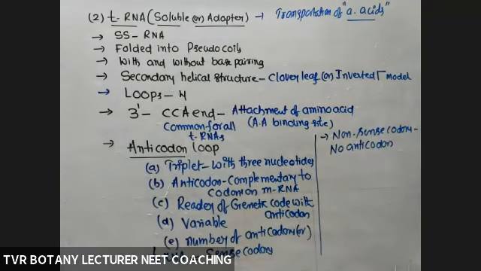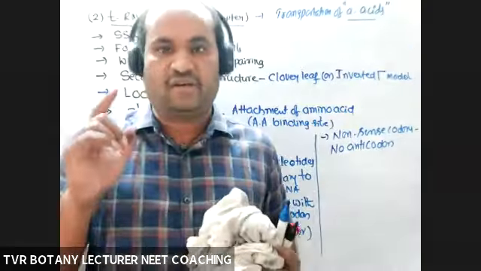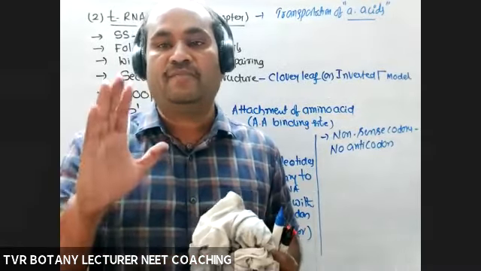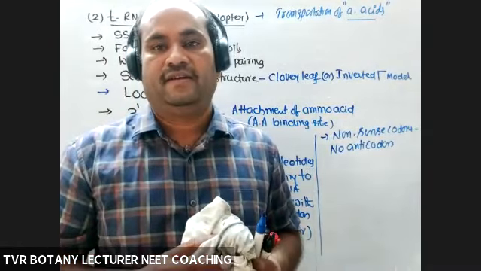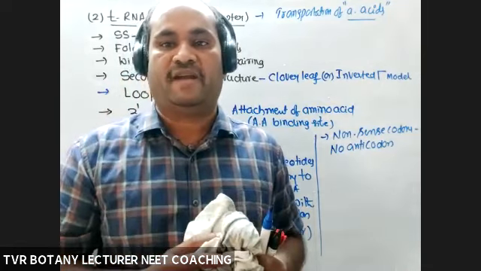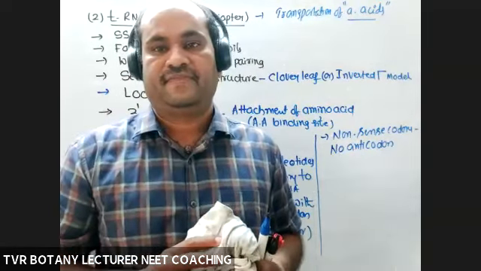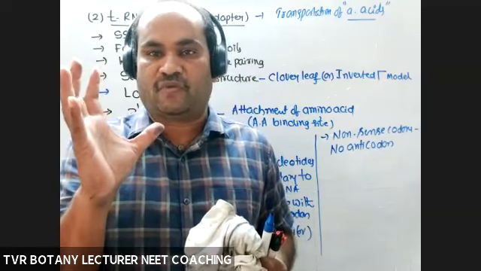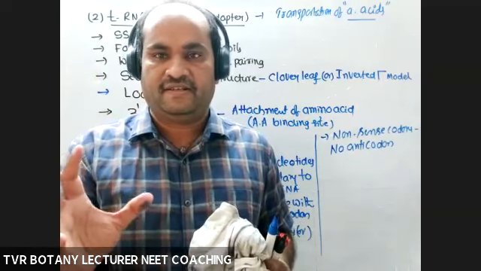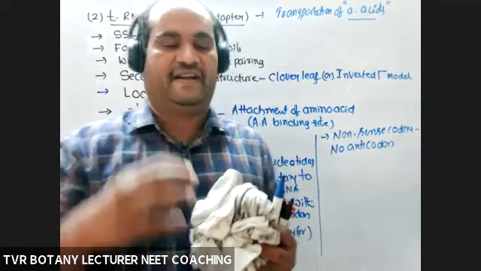Next, most important one, very, very important. All are important, but particularly the ribosome, which is able to translate genetic information into protein. Even though tRNA is the reader of the genetic code, the ribosome is mandatory for the establishment of peptide bonds between amino acids, and the ribosome is able to provide shelter or space for the incorporation of amino acids.